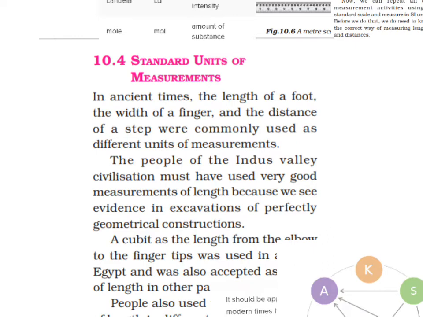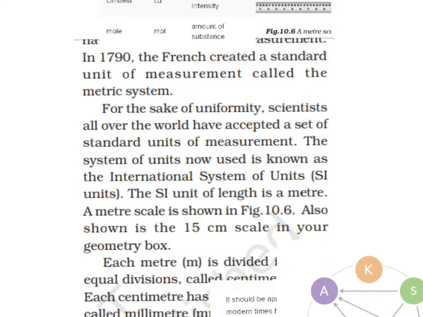In ancient times the length of a foot, the width of a finger, and the distance of a step were commonly used as different units of measurement. But the measurements did not come out the same, so they were not uniform. So there was a need for standard units of measurement.